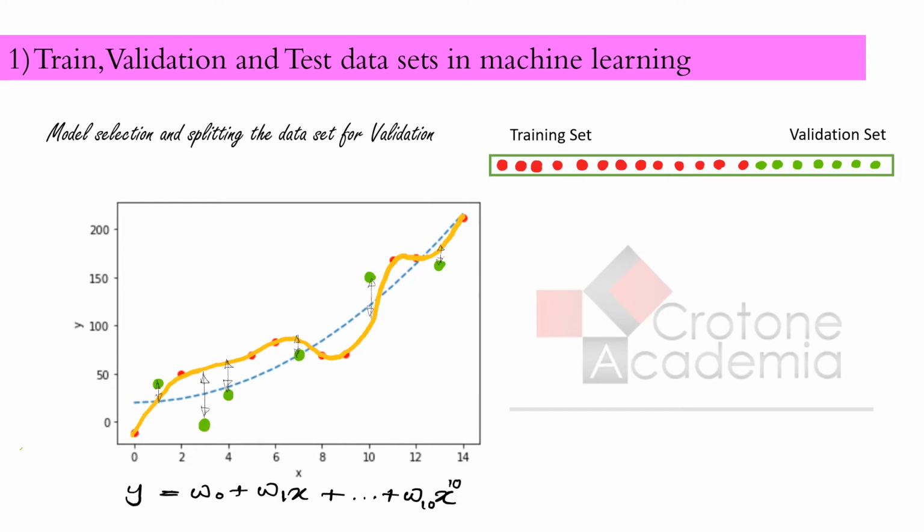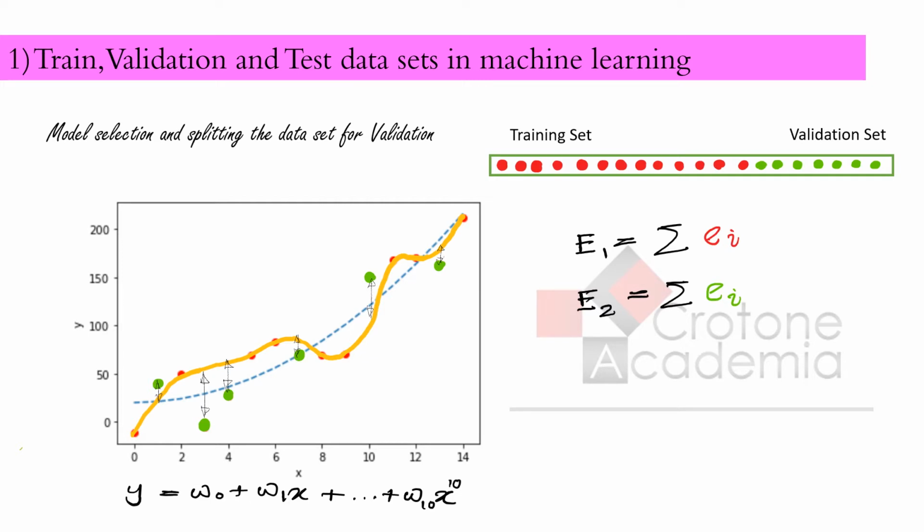If we do that, we will get a polynomial function like this. Here we can see it has fit exactly to our training set, but because we kept the validation set aside, it won't fit to those validation points. So there will be a small error between the validation points and the predictions we are getting through our model.